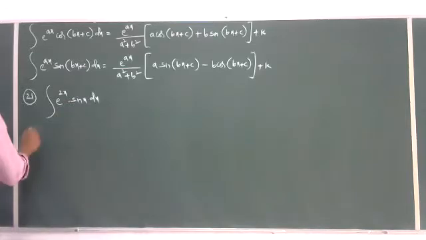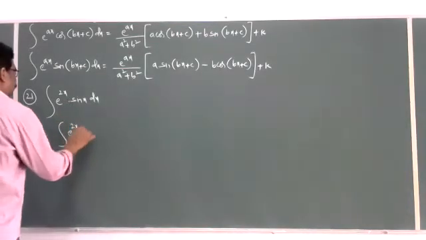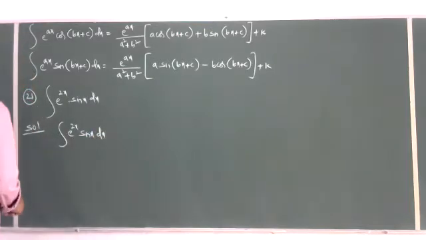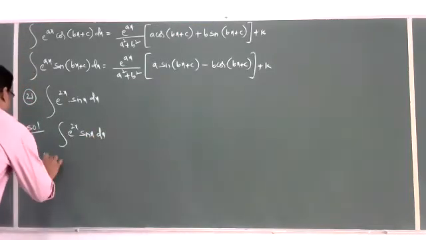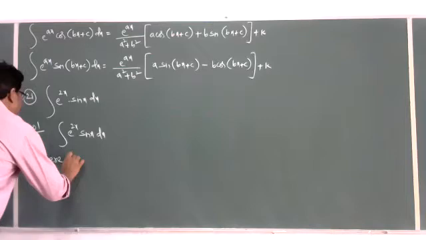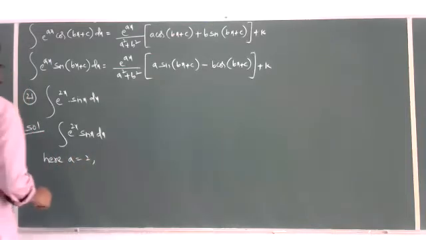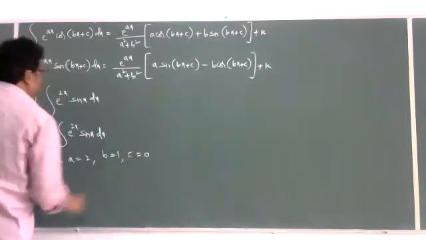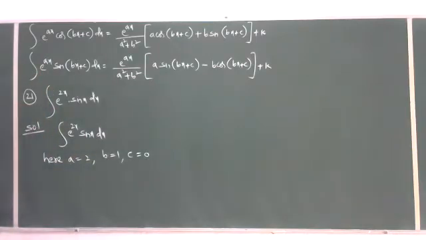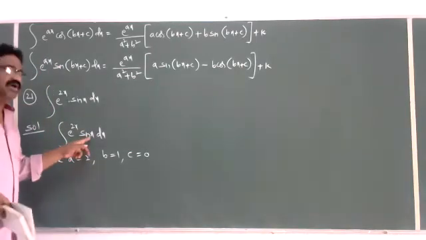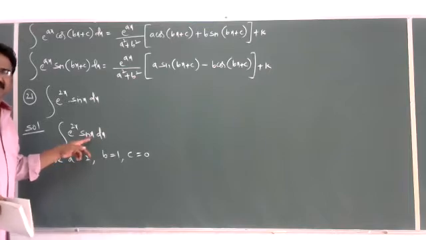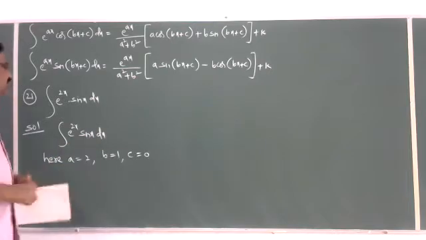First, given this problem, integral e power 2x into sin x dx. Here a is equal to 2, b is equal to 1, c is equal to 0. Compare with the formula bx plus c. Instead of bx plus c, we have only x. That's why the b value is 1 and the c value is 0.